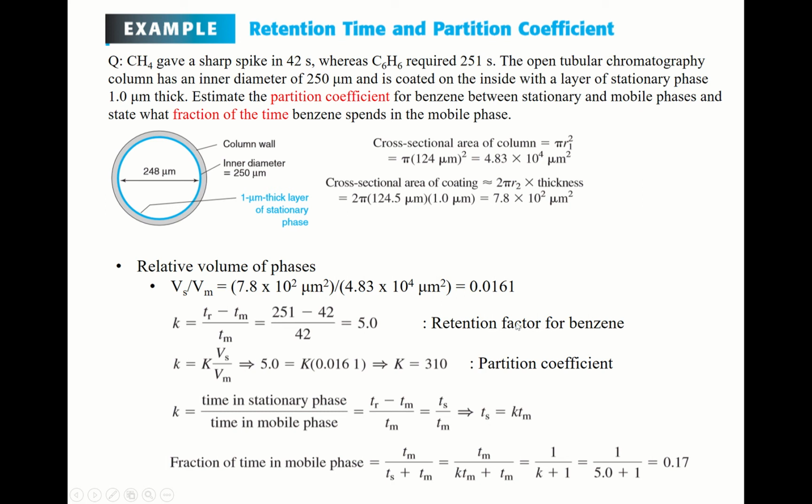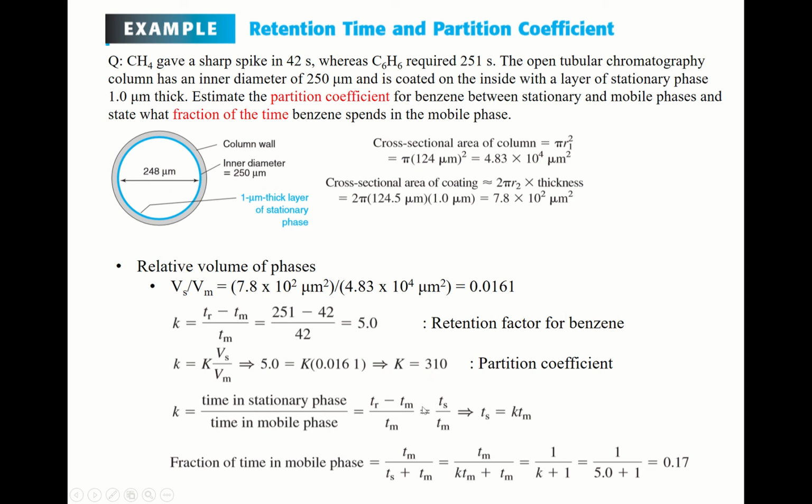That is the retention factor or capacity factor for benzene, and it is also expressed as K prime equals K times Vs over Vm. K is the partition coefficient, and using the volume ratio we obtained, the partition coefficient of benzene between the stationary and mobile phase is 310.